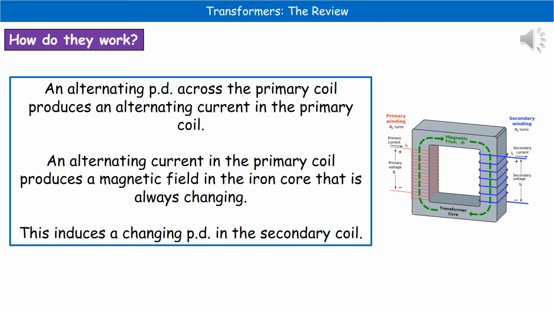The magnetic field that's produced isn't going to be constant, it's going to be constantly changing, because an alternating current, remember, is constantly changing between the positive and the negative, which means the magnetic field will always be changing. Because of that, the secondary coil on the right hand side, the blue one, will have a potential difference induced within it, because it's cutting different field lines as the magnetic field changes.